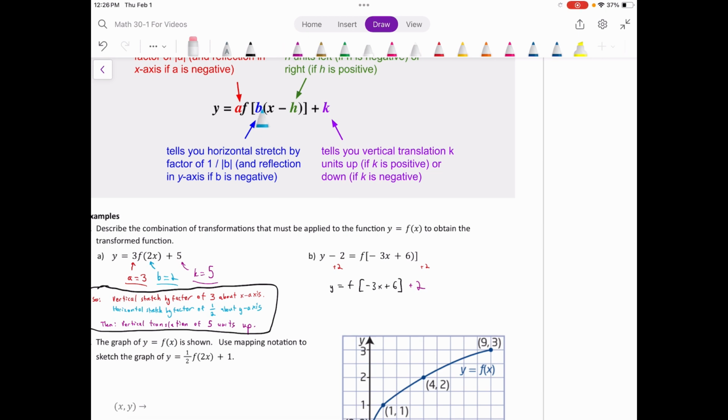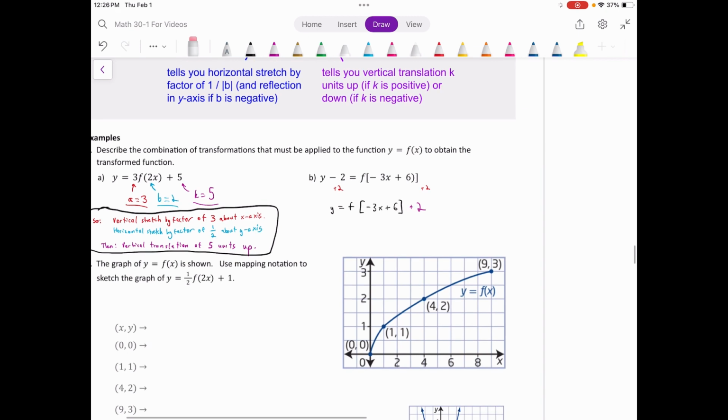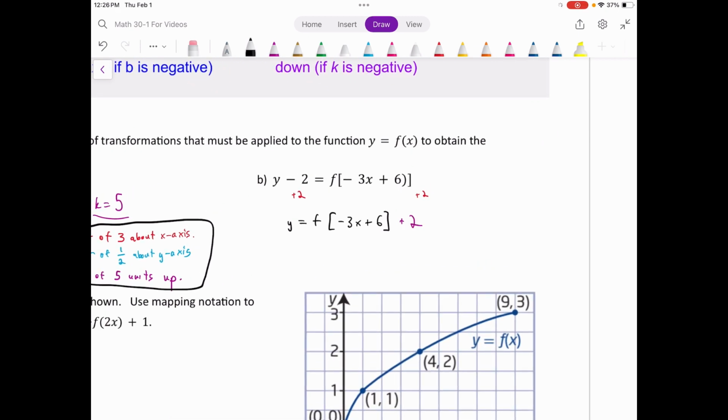How can we make it look like this? Well, notice we have 2 terms here. If I factor out that -3, well, then it will look like that. I'll have y equals f of, let's factor that -3 out. So remember, factoring essentially means I'm going to pull out the thing that both of these can be divided by, right?